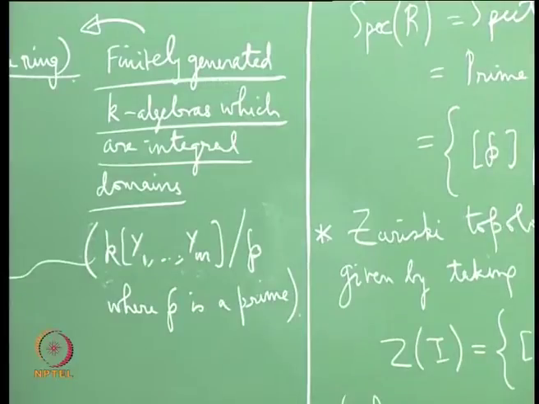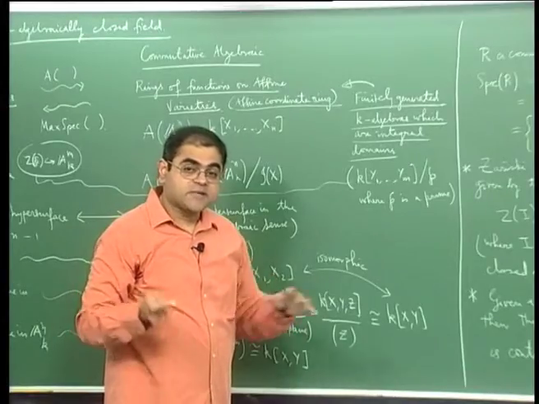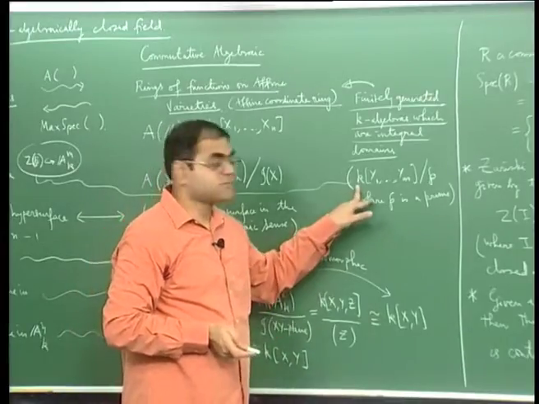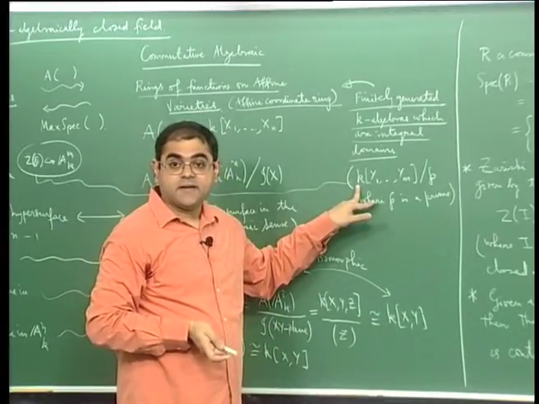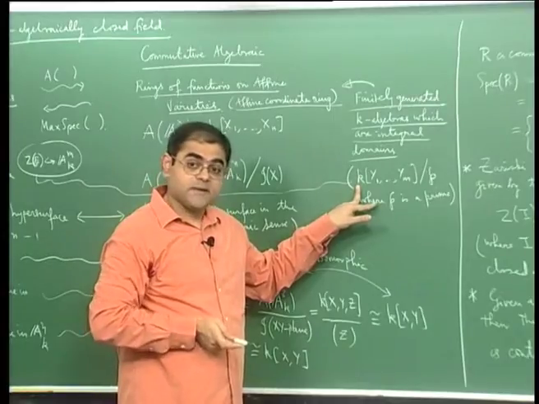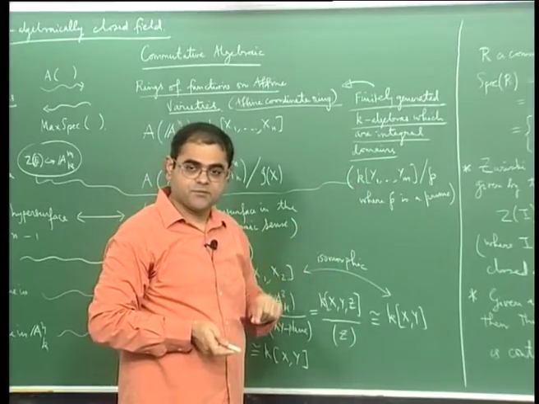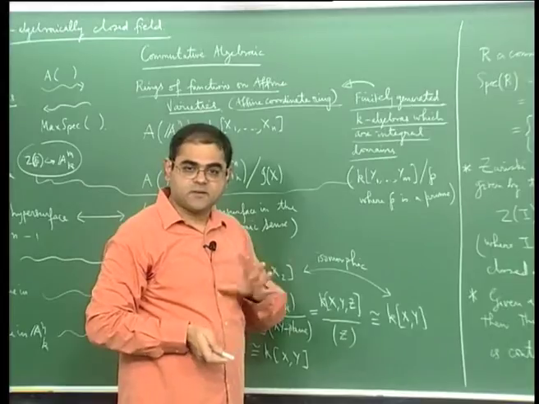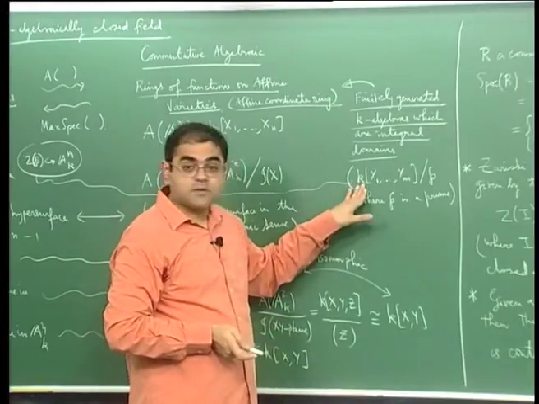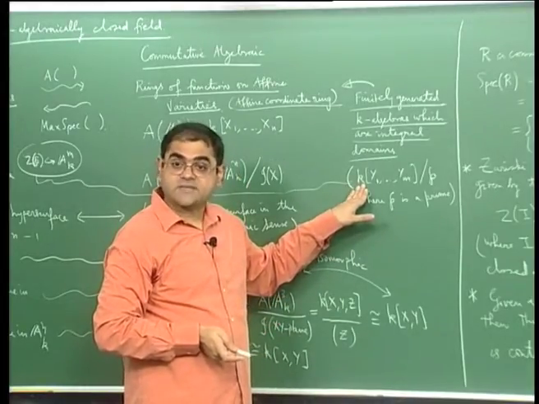The spec of this will contain all prime ideals, but you take a smaller subset, namely the max spec. What is max spec? It is not prime ideals but maximal ideals. Every maximal ideal is prime and the converse is not true, so you restrict to only the subset of maximal ideals.